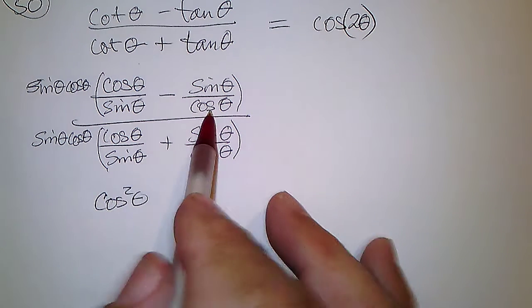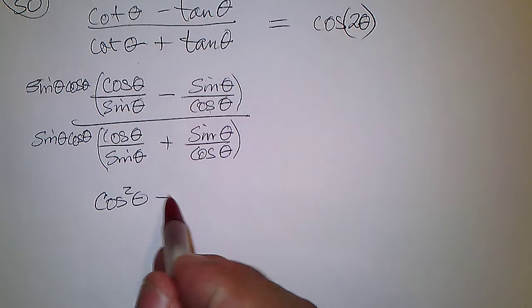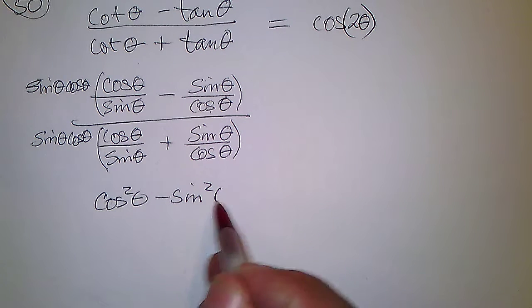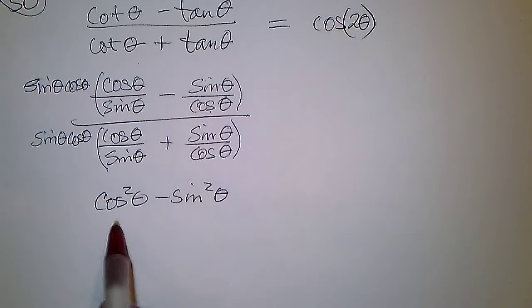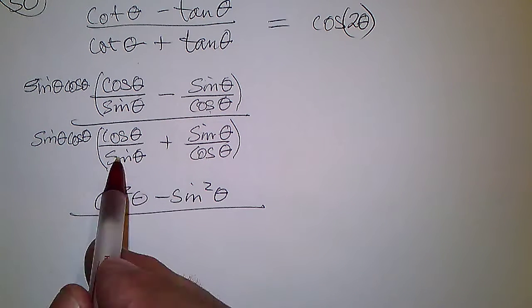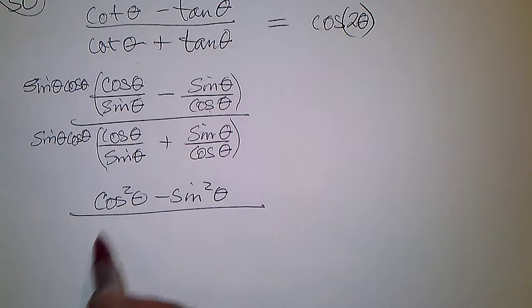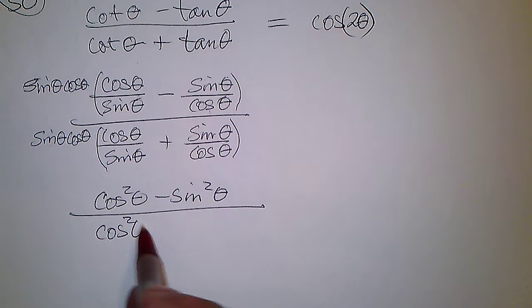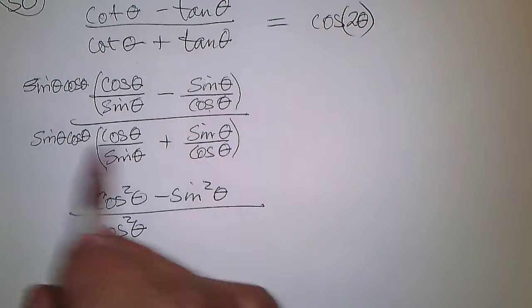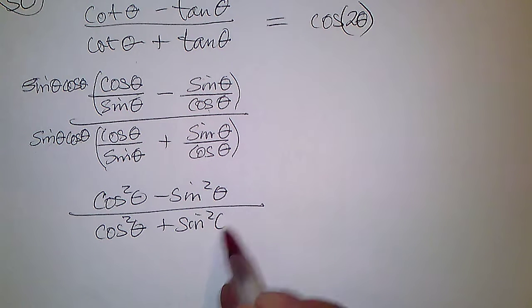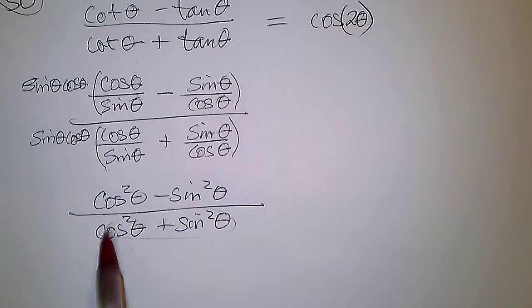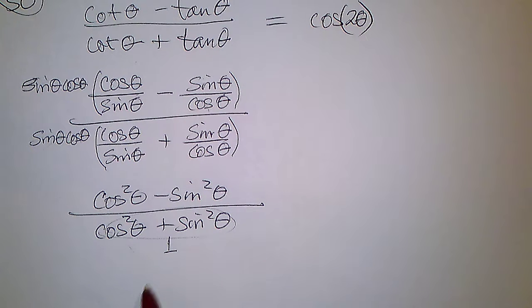This times this, the cosines would cancel and I get minus sine squared theta. So all these denominators are gone. Now we go to the denominator. When we take this times this, the sines would cancel and I'd get cosine squared theta. Take this times this and the cosines would cancel and I get plus sine squared theta. This is 1 and this is cosine 2 theta.